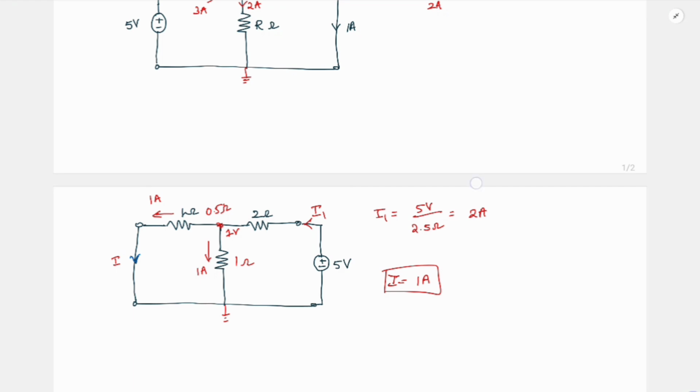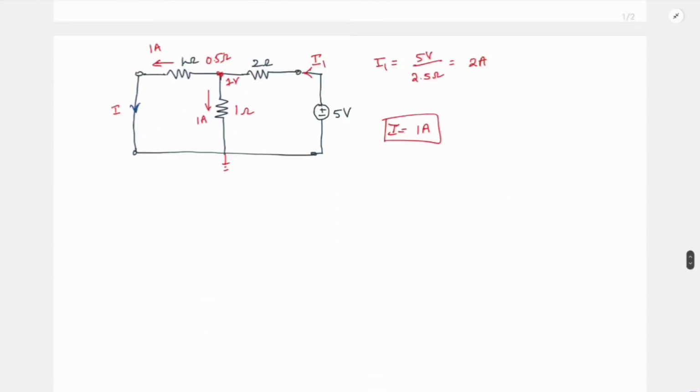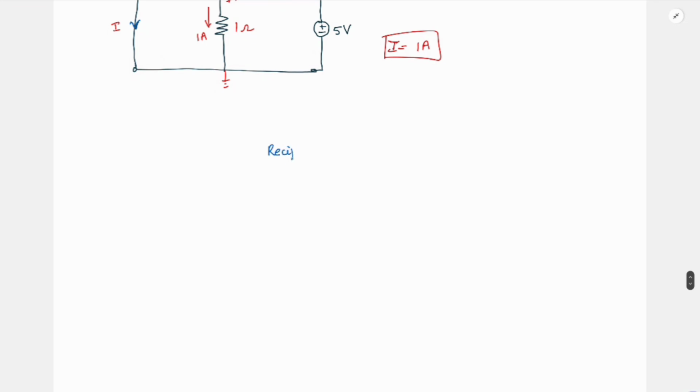There is also another way of solving this using a direct equation. For that you need to know something called the reciprocity theorem. This is a very interesting theorem. I will try to upload the derivation of this theorem when possible, but for now I'll just write the theorem.